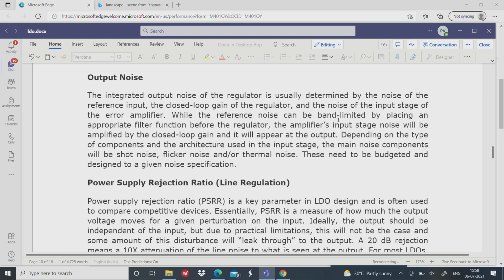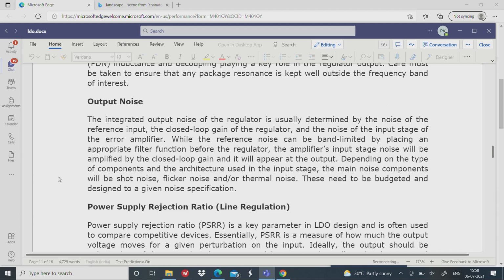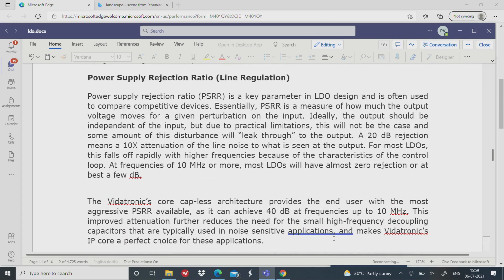The reference noise can be band limited by placing an appropriate filter function before the regulator, and the amplifier's input stage noise will be amplified by the closed loop gain, and it will appear at the output. So depending on the type of components and the architecture used at the input stage, the main components are essentially these three things: shot noise, flicker noise, and also thermal noise, okay. You need to factor output noise as well into the system.